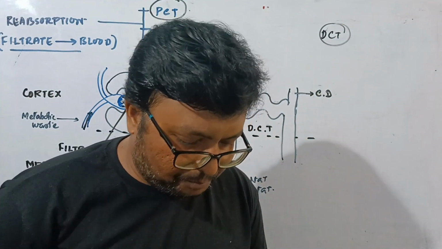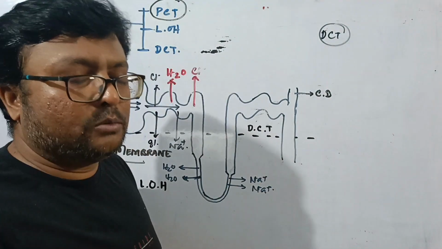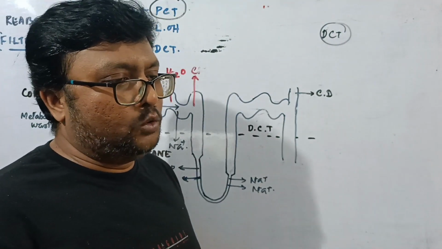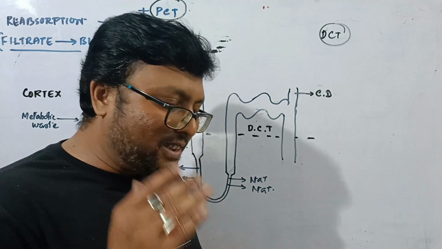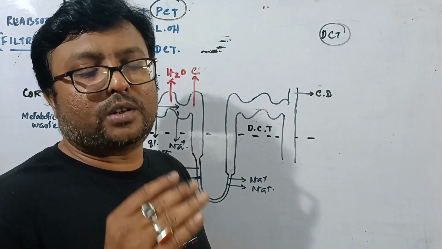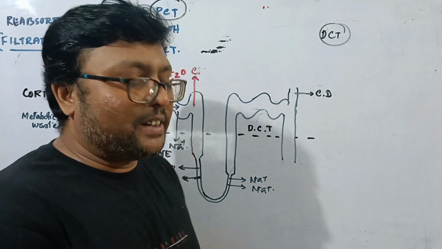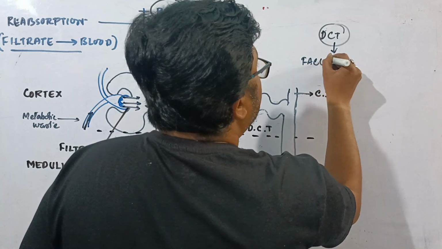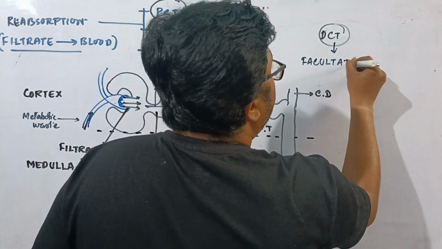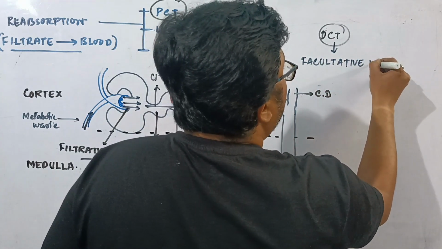Now basically in DCT we'll see that reabsorption of water generally takes place, and this reabsorption is generally known as facultative reabsorption. তো একে facultative reabsorption বলে.